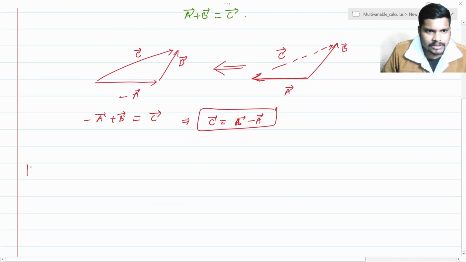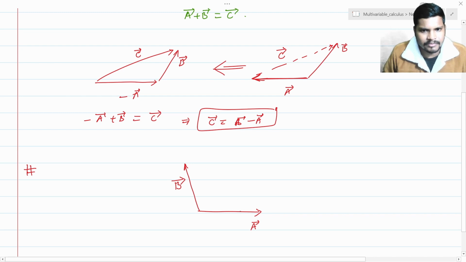Understood? Now similarly, let us say A vector, another vector is over here, B vector. Then where could be the resultant vector or C vector? The C vector would be somewhere near this one. This would be C vector. How do we know?